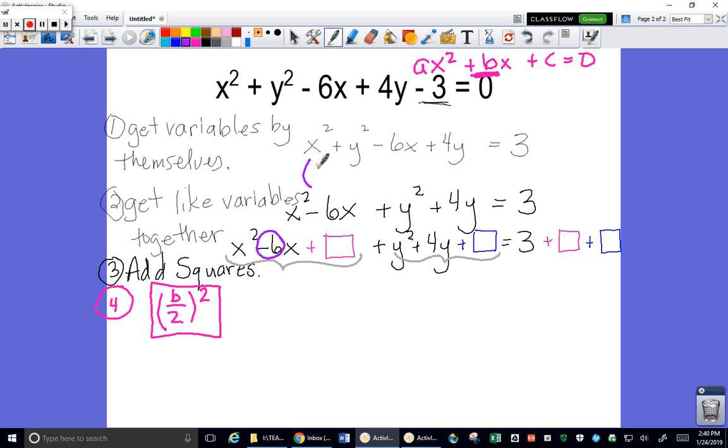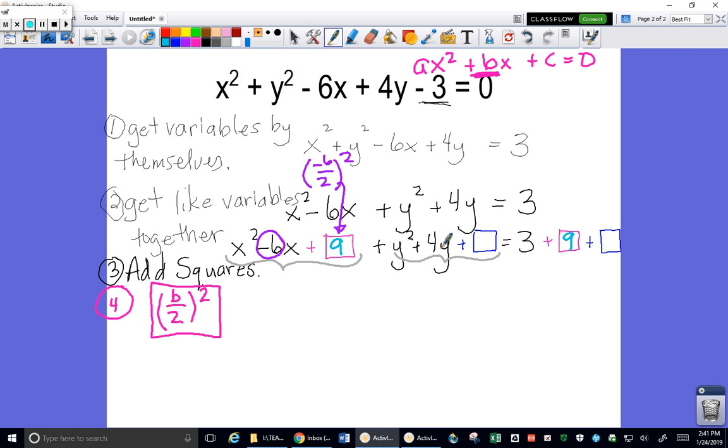So the number that goes in the box is (-6 divided by 2) squared. -6 divided by 2 is -3. -3 squared is +9. So I'm going to add 9 in both of these pink boxes. Half of -6, squared.